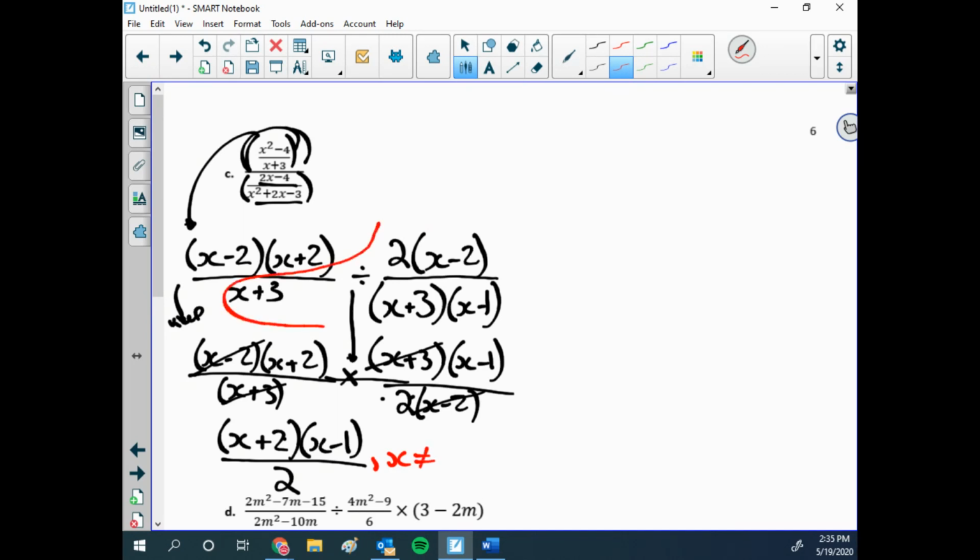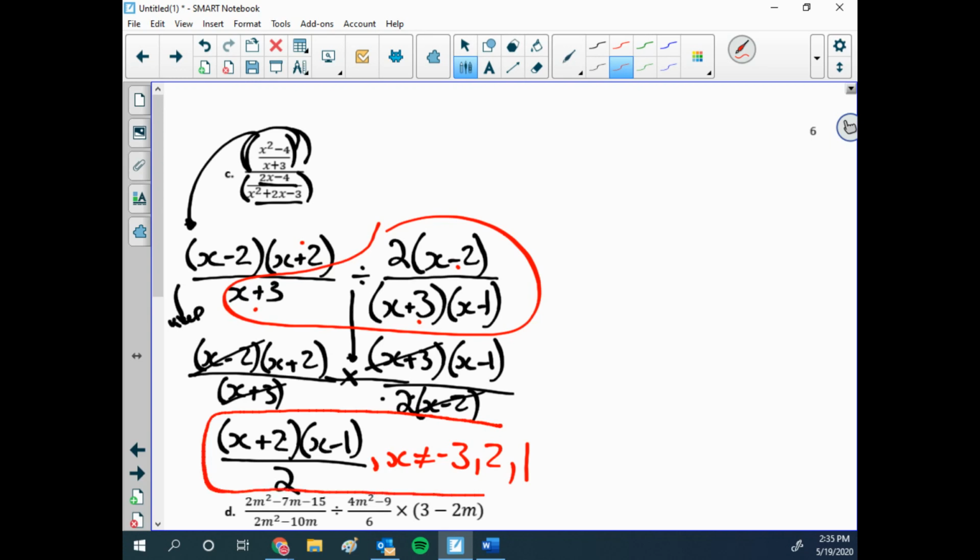Remember, all three of these create my non-permissible values because they're all on the denominator under this original numerator. So from here, x cannot equal -3. From this binomial, x cannot equal +2. From here, x cannot equal -3, which is already written, and x cannot equal +1. And so simplified, there is my final answer.